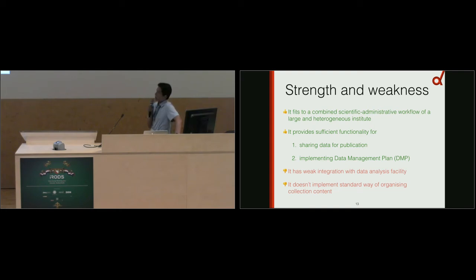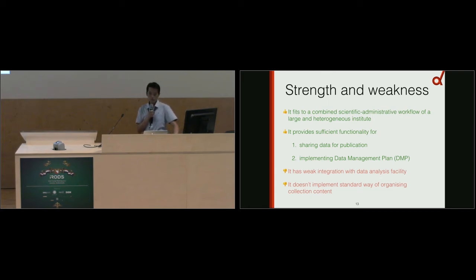Okay, the strengths and weaknesses. Our system started by taking the scientific administration workflow into account. And we try to fit this research data management into the existing institute workflow. And the institute is large and heterogeneous.